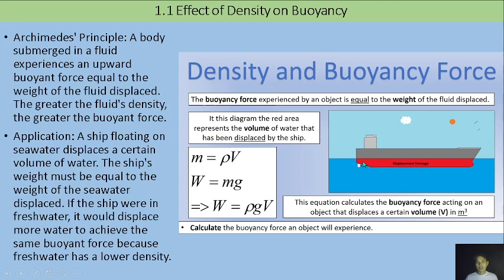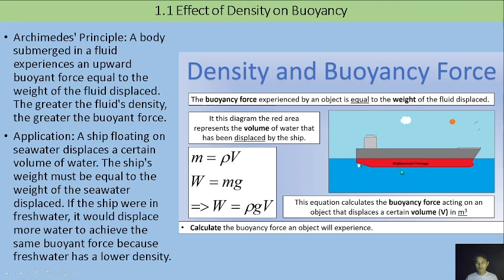So, that displaced water will put in upward force, also known as the buoyant force, para yung barko natin ay lumutang siya. Okay, so we have a representation here. The W, buoyant force or weight of the fluid displaced.